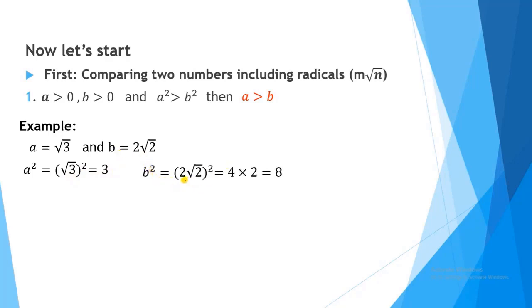According to the first rule, 2 squared is 4, times radical 2 squared is 2, gives 8. 8 is greater than 3. A is positive, B is positive, and A squared, 3, is less than B squared, 8. So according to this property, A will be smaller than B.